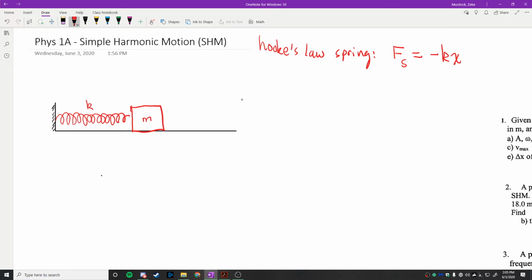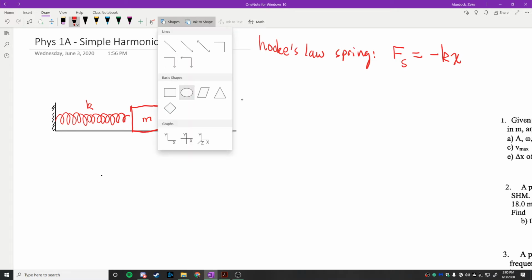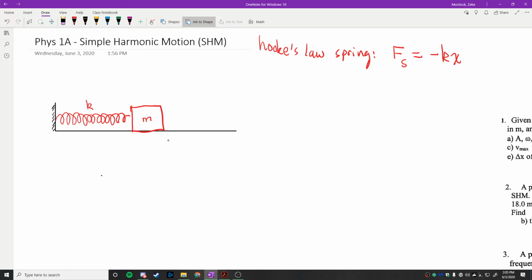Alright, Hooke's law spring. Force equal to negative kx. What that means is that if I take this same system and redraw it in a different position, let's say that we stretch this spring out a little bit, right?